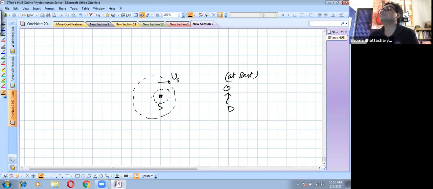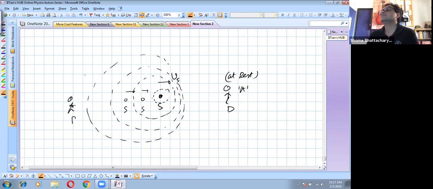The earlier wavefront center would be somewhere here, and the one before that somewhere like this. Because the source is continuously traveling, this detector, let's say A, will experience wavefronts which are closer, whereas this detector, let's say B, will experience wavefronts which are more spread out. So the frequency heard by A will be greater than the frequency of the source. The frequency heard by B will become less.